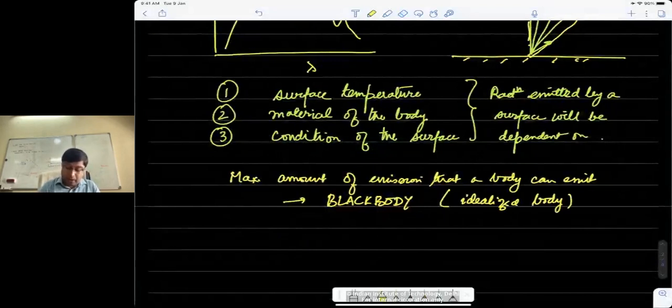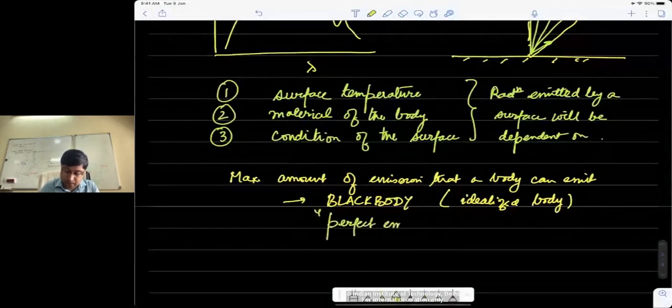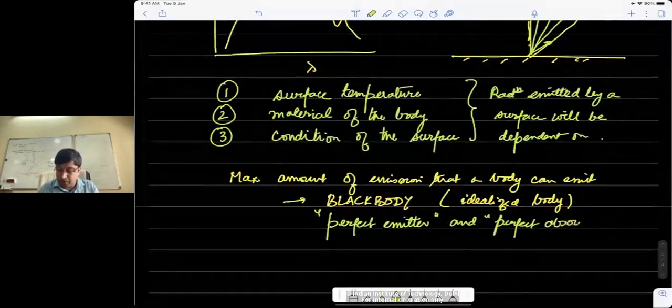So an idealized body or a black body is one which is a perfect emitter and also a perfect absorber of radiation.